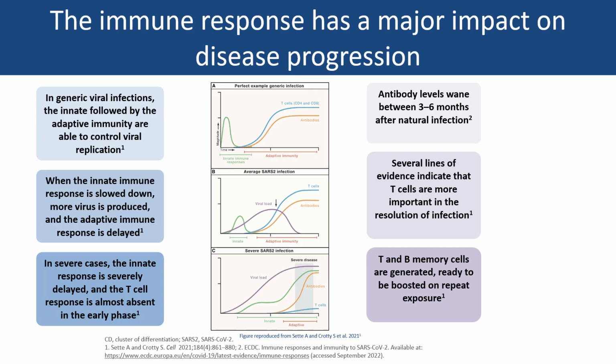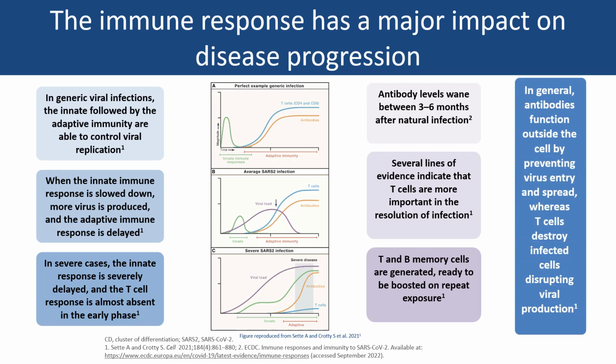Following infection, both T and B memory cells are generated and are ready to be boosted with subsequent exposure. In general, antibodies function outside the cell to neutralize the virus before it can bind to its receptor and enter the cell, whereas T cells destroy infected cells, thus disrupting viral production.